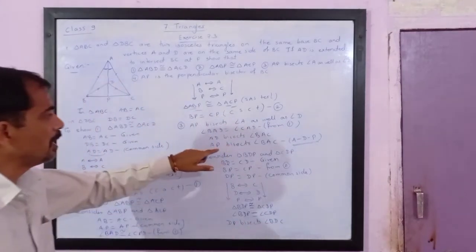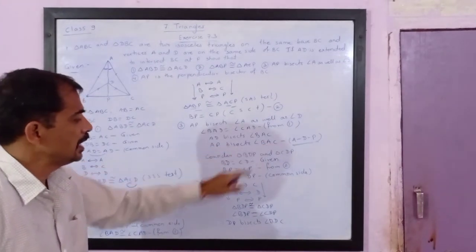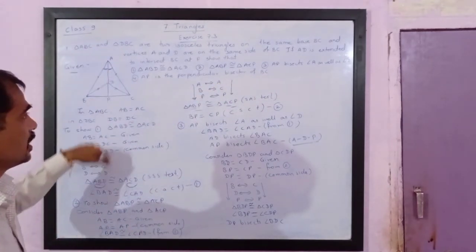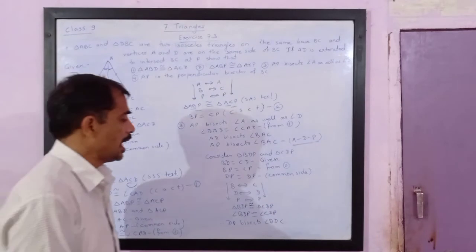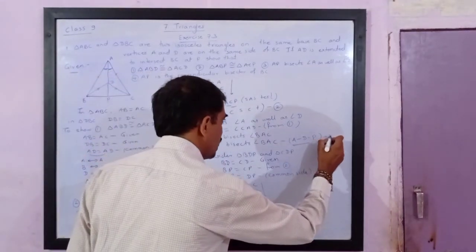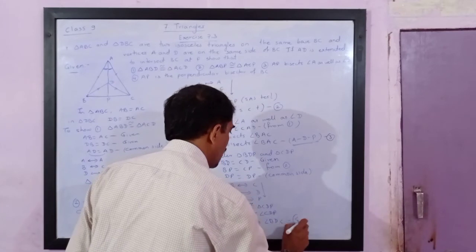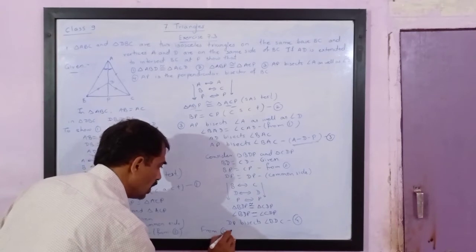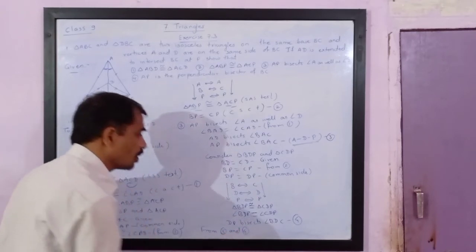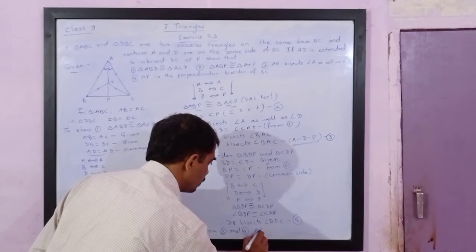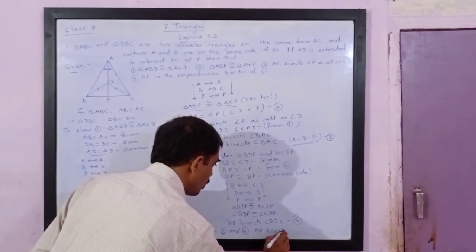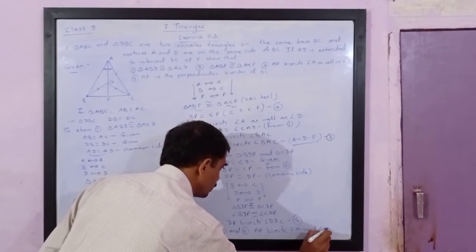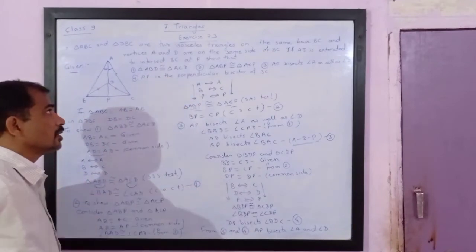Thus, from the statements AP bisects BAC and DP bisects BDC, I can say that AP bisects angle A as well as angle D. So, I will take results 3 and 4 together, and from 3 and 4 I am going to conclude that AP bisects angle A and angle D. So this is our third result.